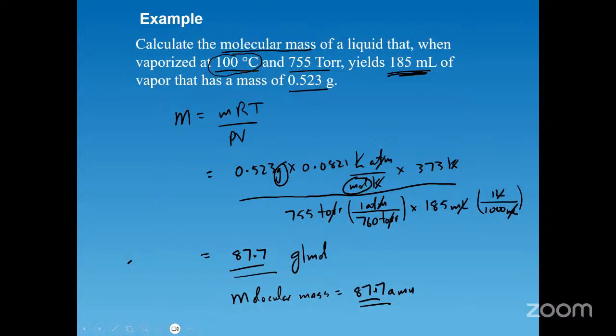So the only units remaining are the units that are circled right here, the grams and the moles, grams over moles. That's why the final units, when you're doing the calculations, are grams over moles. So it's very important that you show the units in your setup so that you can see what units will cancel out and what units will remain at the end.